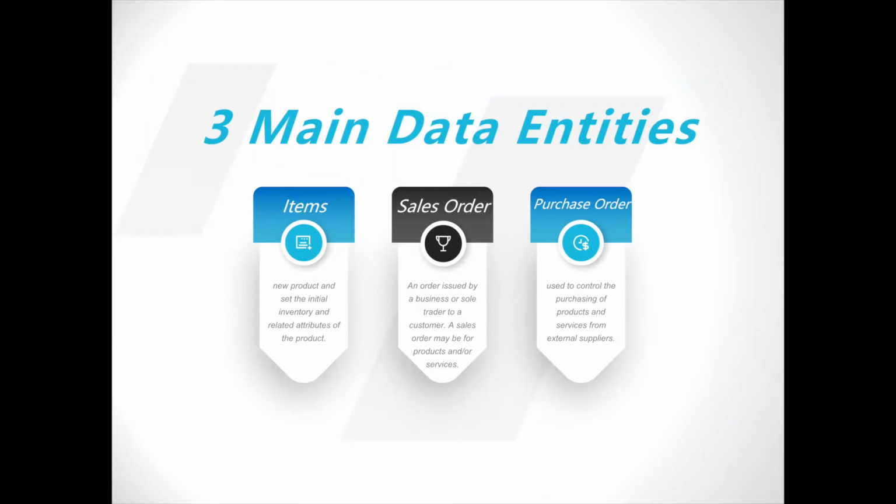The user must first add a new product and set the initial inventory and the related attributes on the product. And then the user can change the inventory of the product by adding orders. Purchase orders increase inventory. Sales orders decrease inventory.